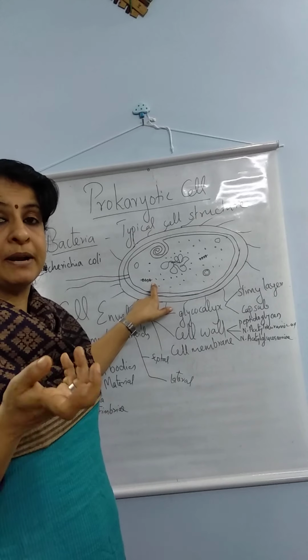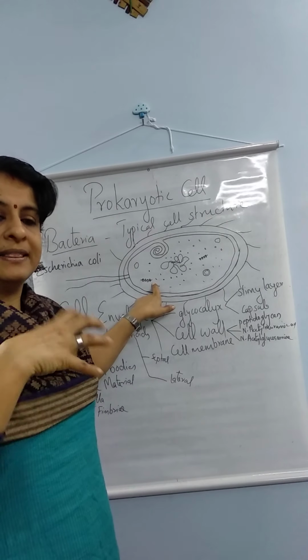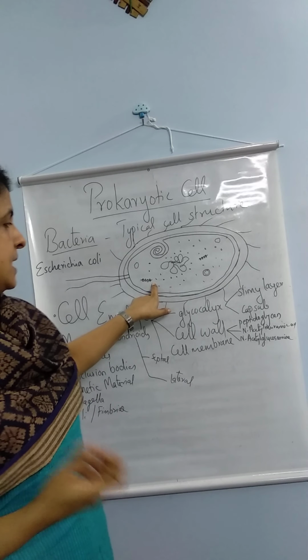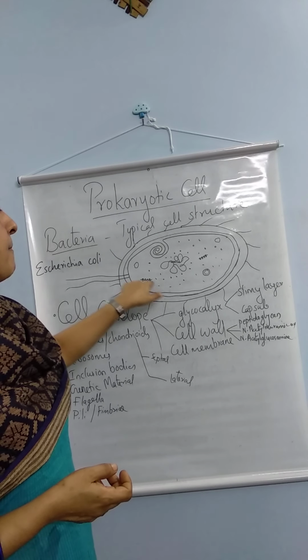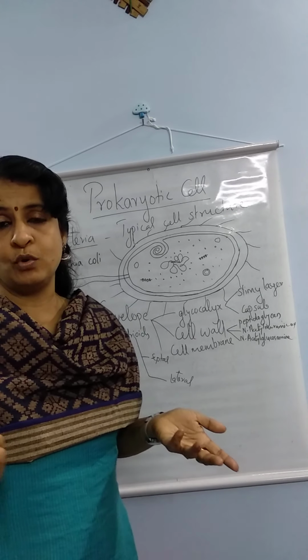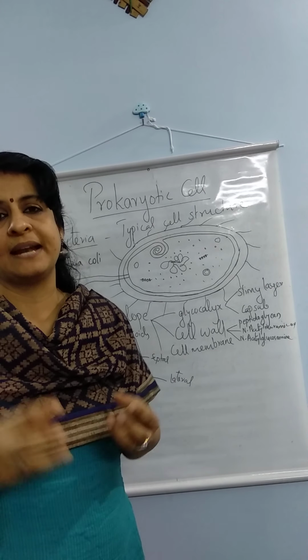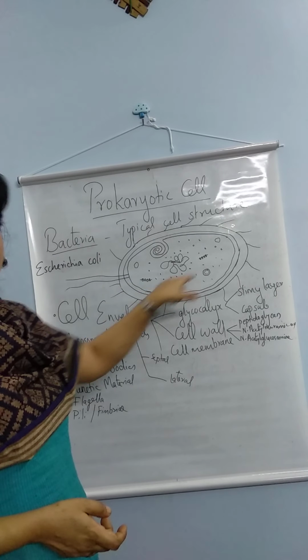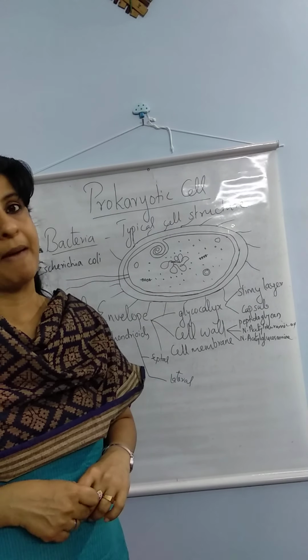So mRNA is produced from a DNA molecule, and it has the information for the synthesis of a protein. Usually in eukaryotes, mRNA will be attached to a single ribosome. But here we can see that a group of ribosomes is attached to the same mRNA.